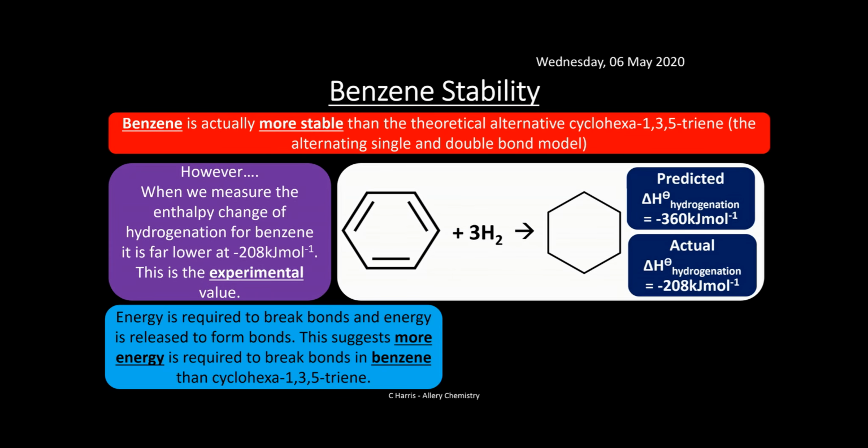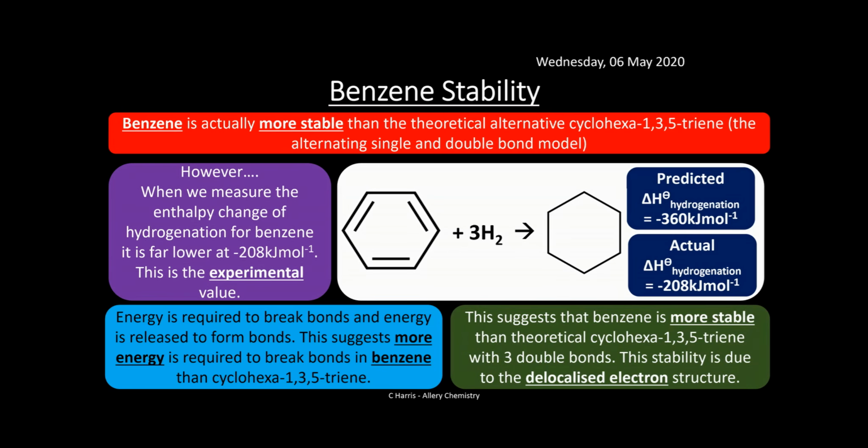So if it's got a lower enthalpy value, it means it's more stable. And the stability is due to the delocalized electrons. So that electron system within the benzene ring actually increases the stability. You'll see later it's actually quite difficult to undergo reactions with benzene for this reason.